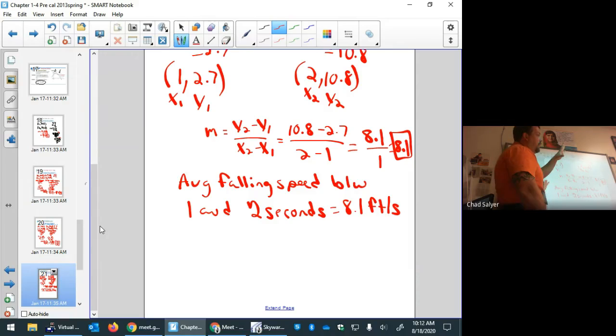So if I drop something on the moon, then I wait a second, and then I observe its speed between that first second and second second, this is the average rate of change I would see. If I measured it exactly at second two, I would get 10.8, but the average over that interval between 1 and 2 is 8.1.